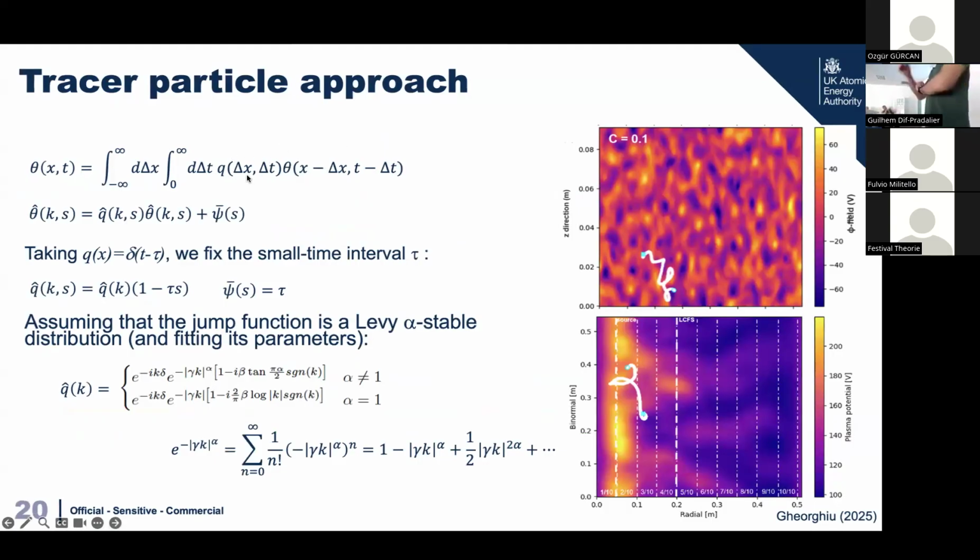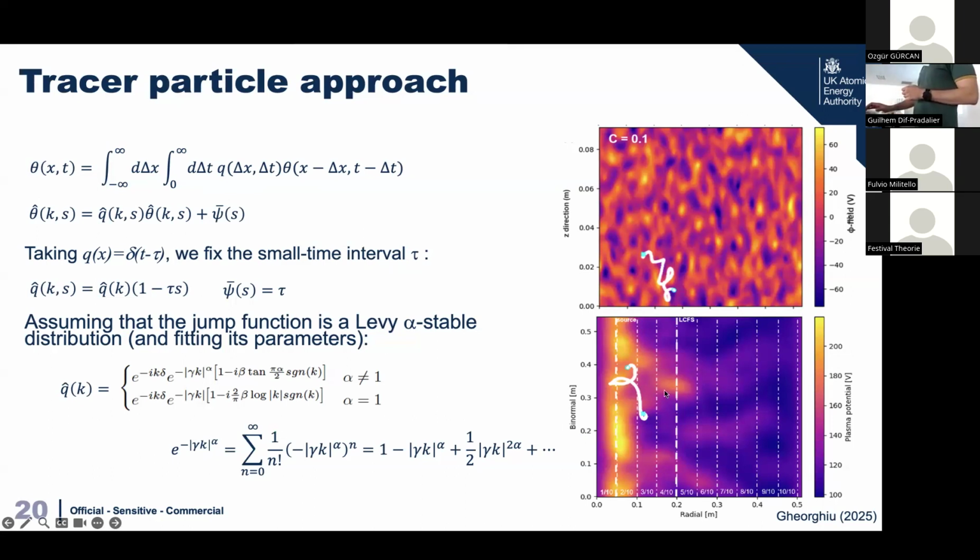to calculate the jump function in different systems. So you can see here a Hasegawa-Wakatani-like turbulence in 2D, and here also in 2D, interchange turbulence that can develop in a situation that is similar to what happens just inside the separatrix, and just outside the separatrix, simulating the boundary region of the plasma.